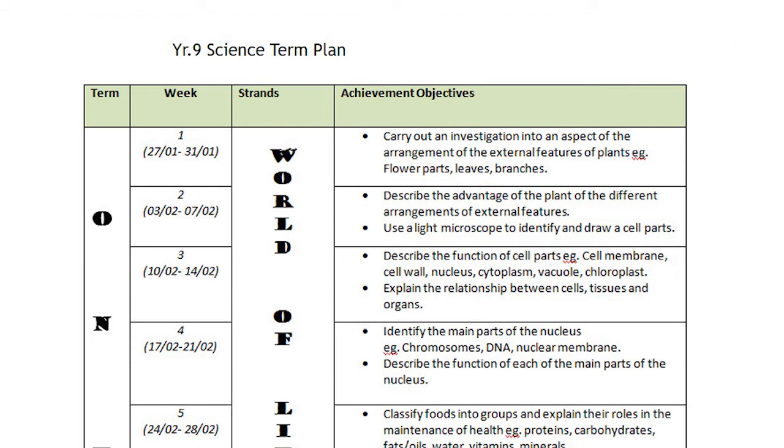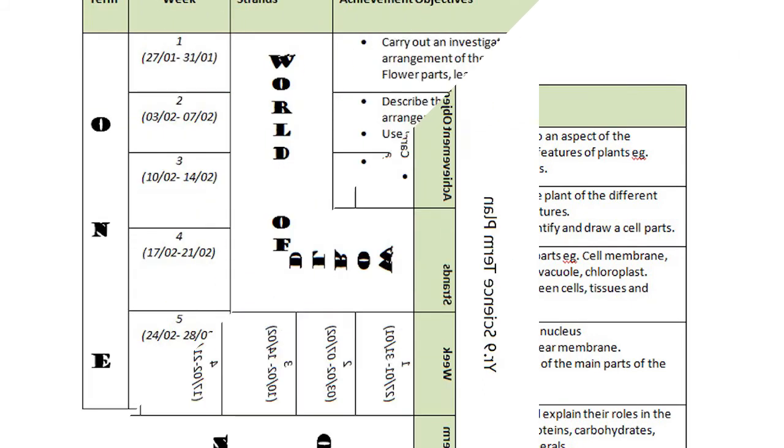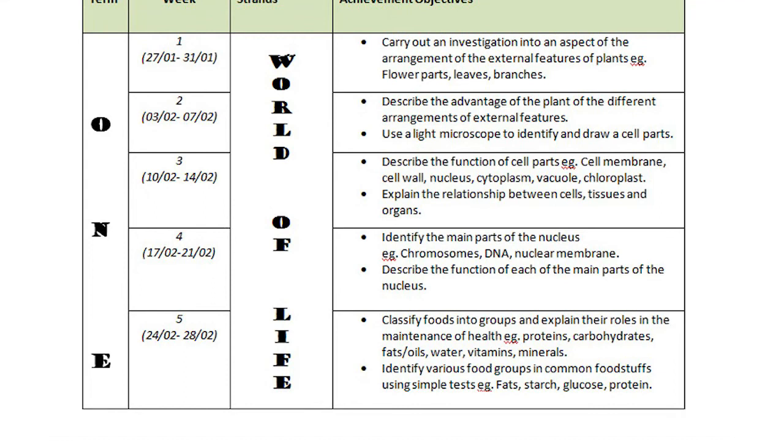In this table you have the term here, term 1, just a part of the subject's term plan, because the term plan is bigger. It's more detailed. What is meant by bigger? It's more detailed than the annual plan or yearly plan.